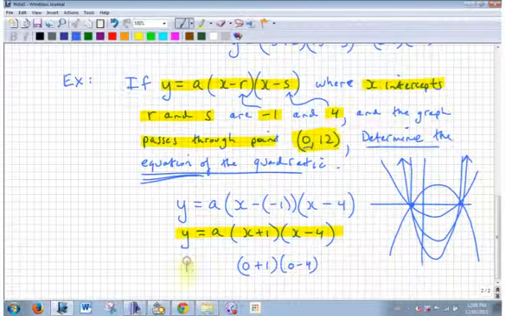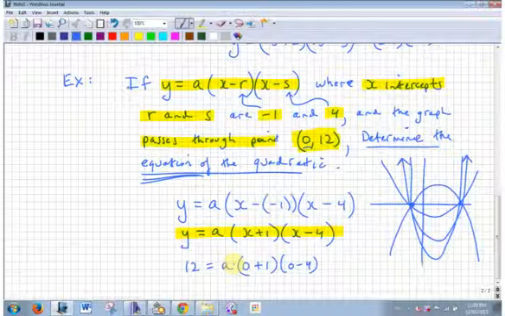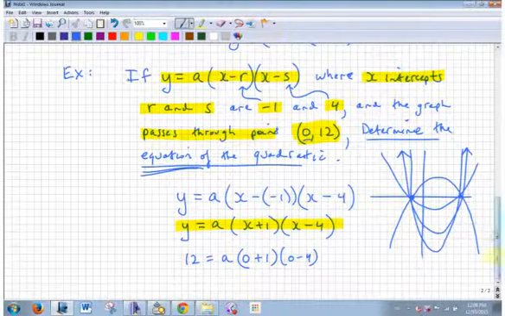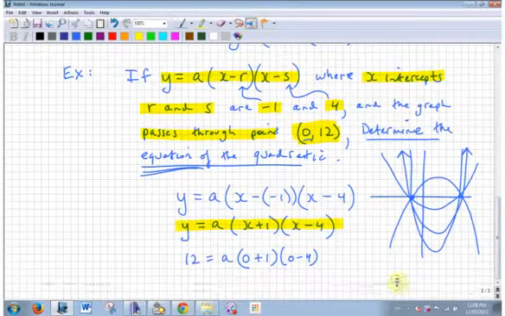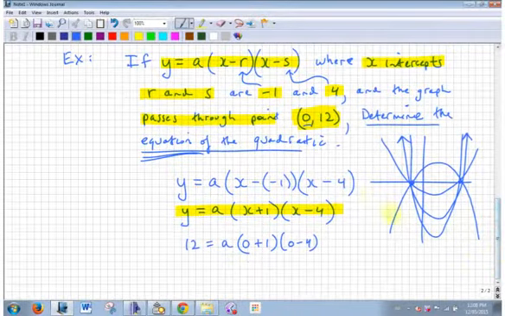Y is 12. Can you solve that thing for A? Well, if you want to get the question right, you're going to have to. Okay, so again, make it look a little nicer. Let me get my page bigger.